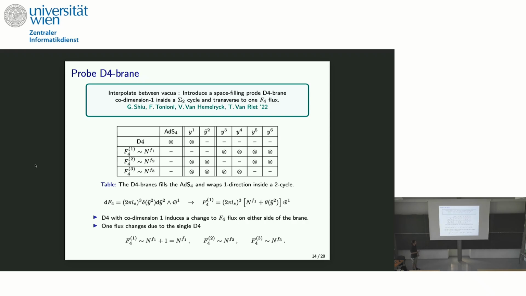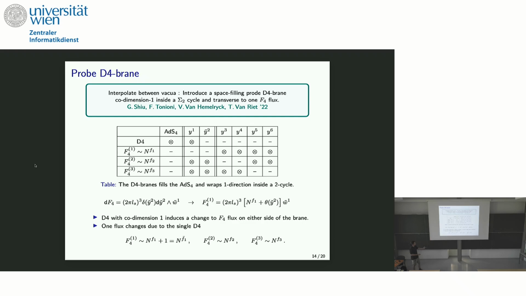So the probe D4 is space filling. It fills the external space, and it wraps one direction inside a 2-cycle of the internal space. And there is this flux which is transverse to the D4 brane. Maybe it's not clear that a D4 with codimension 1 induces a change to the F4 flux on either side of the brane.